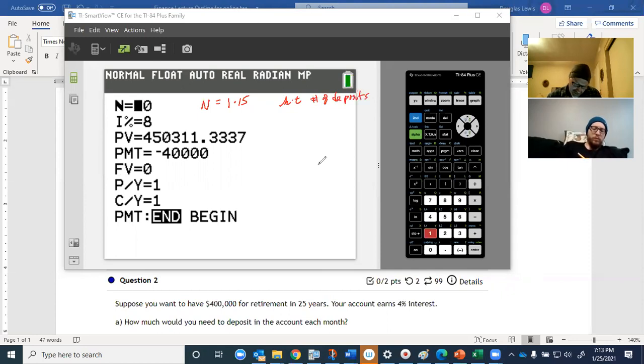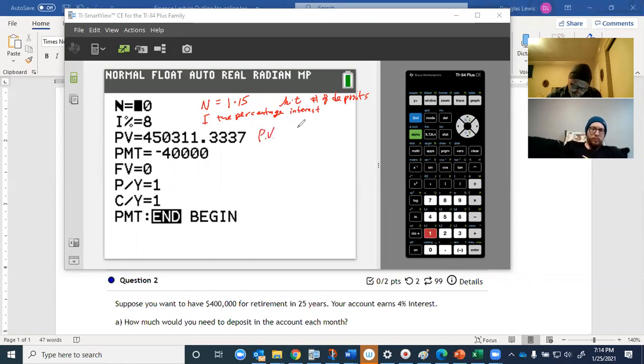The percent, I, is the percentage, and you don't convert it in this one. It's the percentage interest rate. And we'll come back to that.